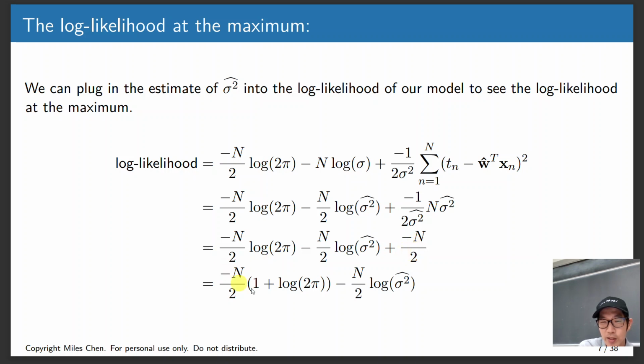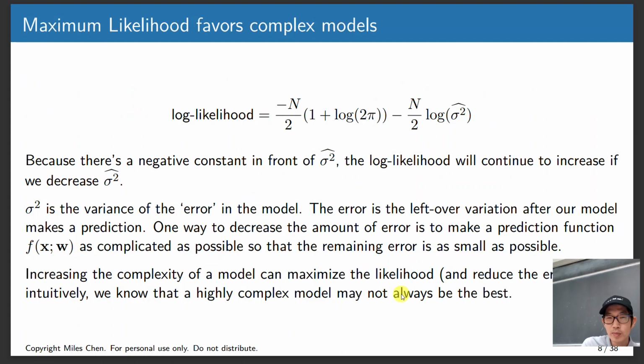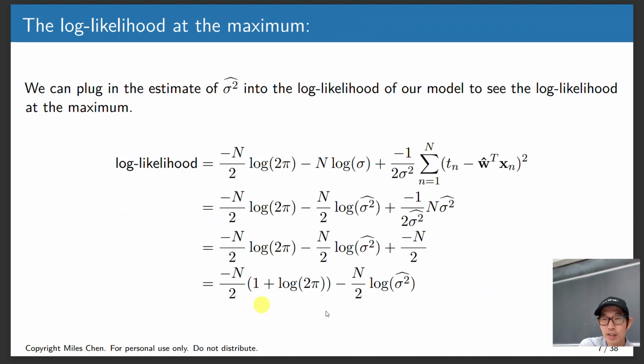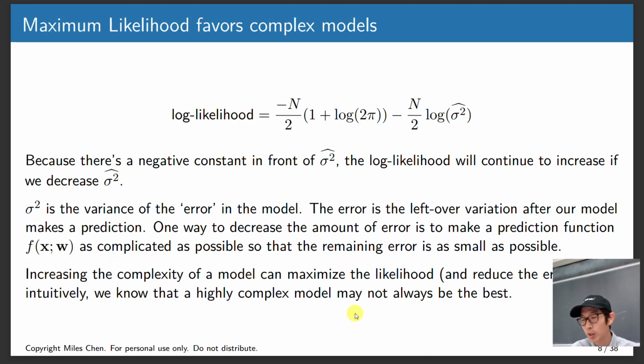I can factor out n over 2 out of everything, but here I get 1 plus log 2 pi minus n log sigma squared. And so this is the log likelihood of our entire model with our data.